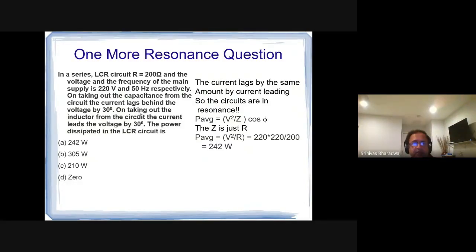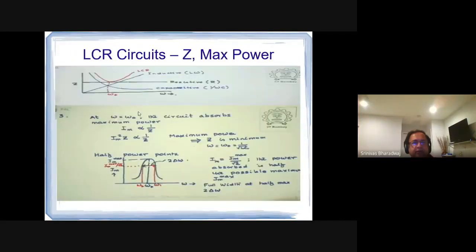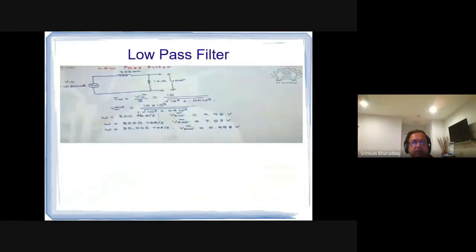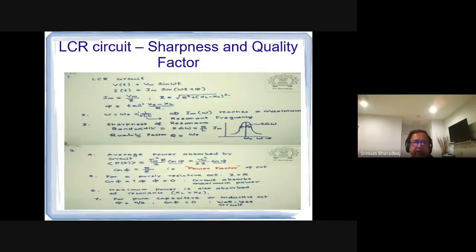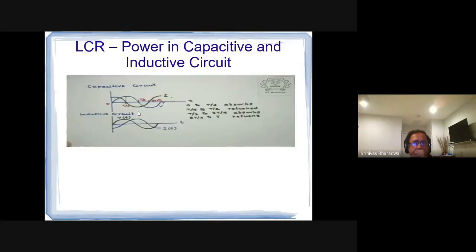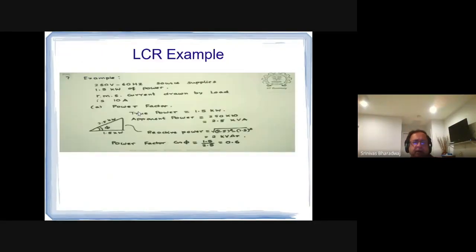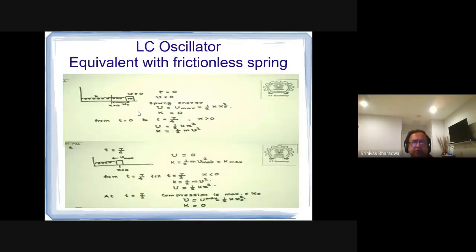Here's one more resonance question, but I will maybe do a quick look at this one before we continue with the discussion. There is more discussion with low power, high power, etc. in the next class. Okay, but please spend a lot of time looking at power and LC circuits, and finally we will then close it out next time.